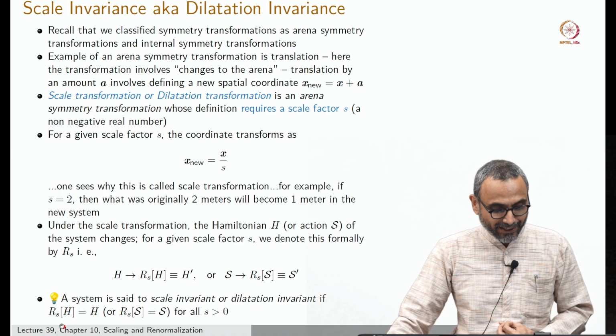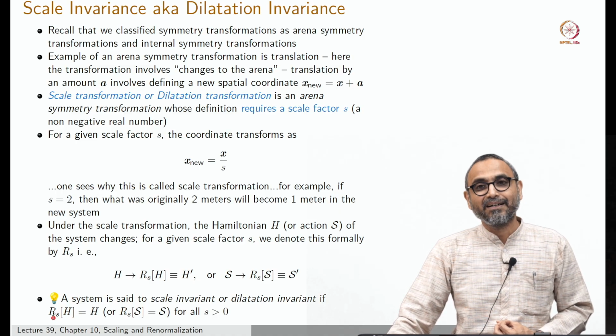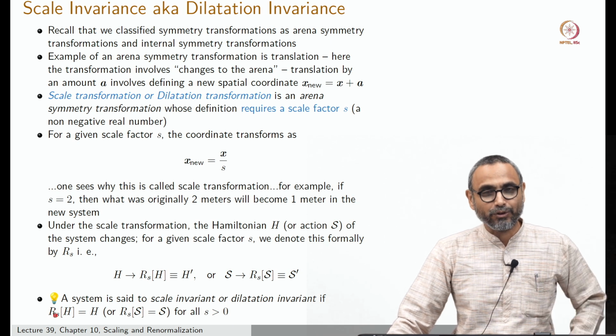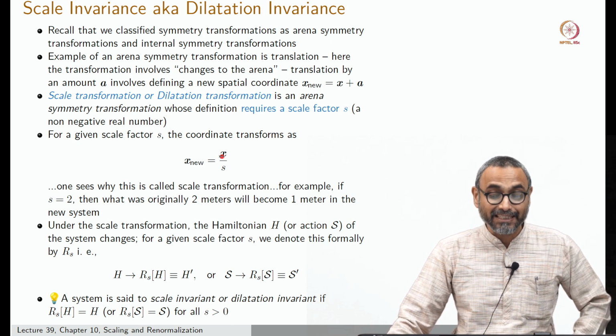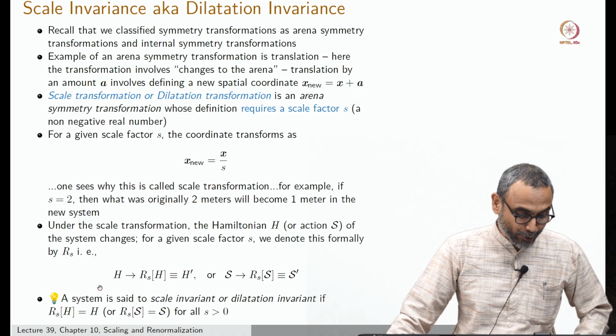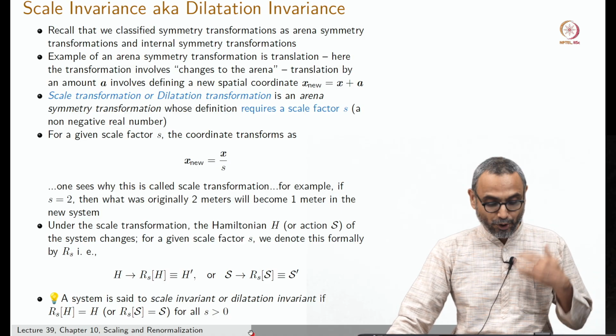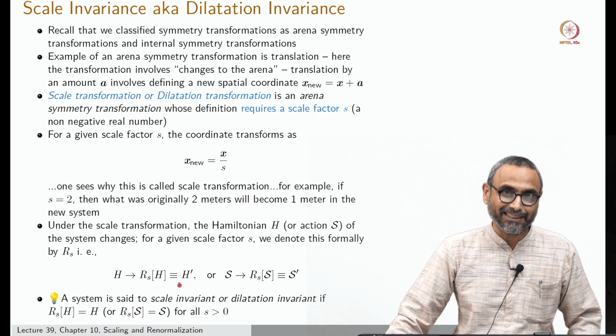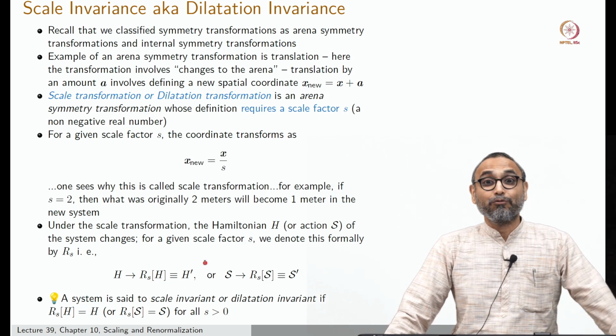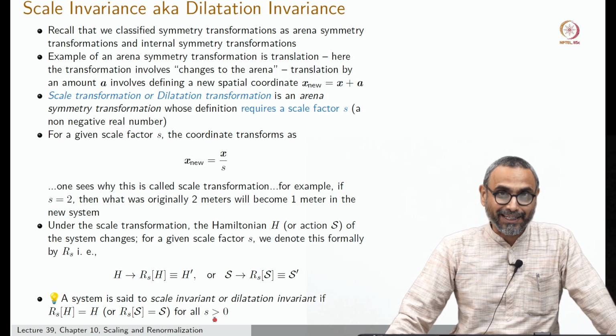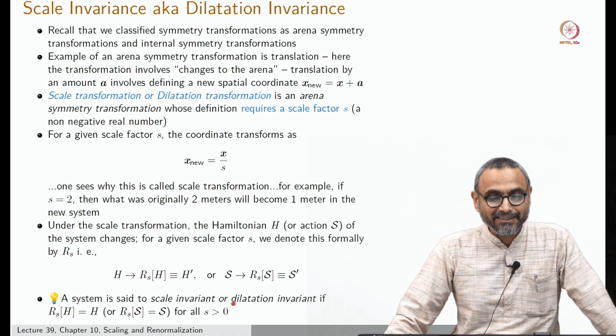So if you come up with a nice RS that will transform the Hamiltonian to a new Hamiltonian under the scale transformation, and if the new Hamiltonian turns out to be the old Hamiltonian, or the new action turns out to be the old action for any value of the scale factor, then we say that the system is dilatation invariant.